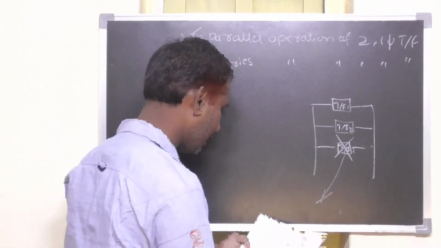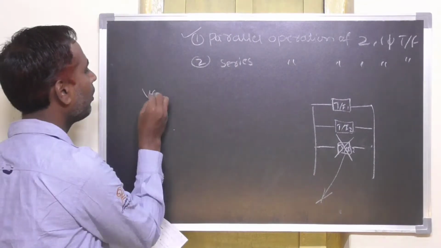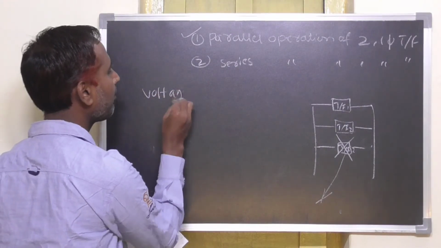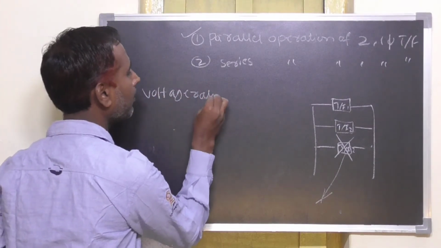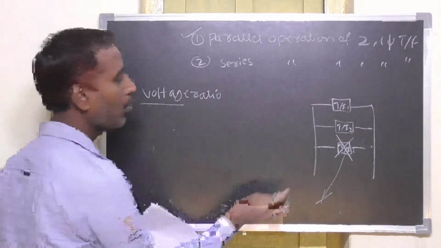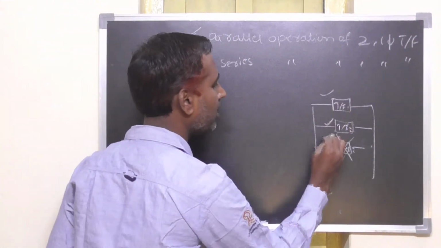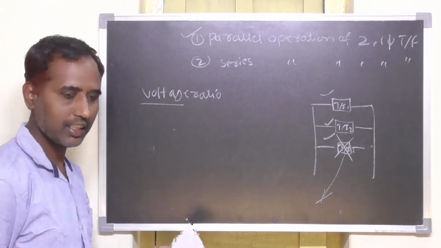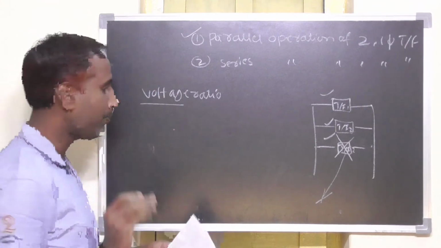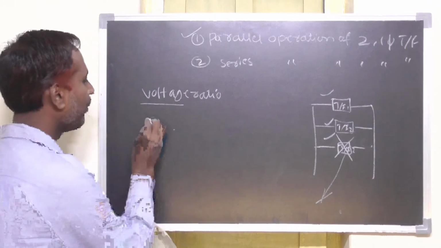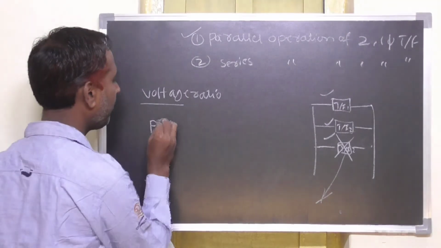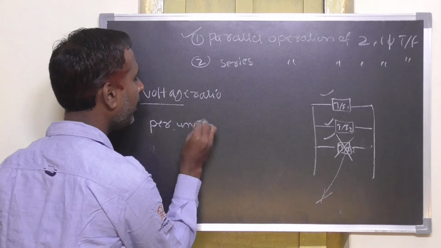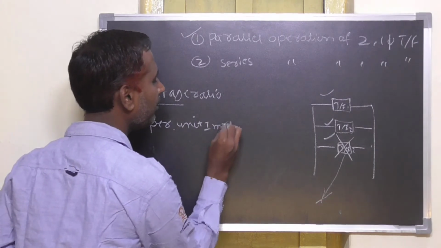So the first condition is voltage ratio. The voltage ratio of all transformers should be the same. This is condition 1. Then important is the same per unit impedance. Per unit impedance, this is very important.